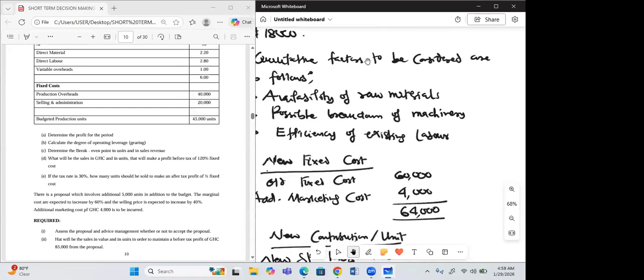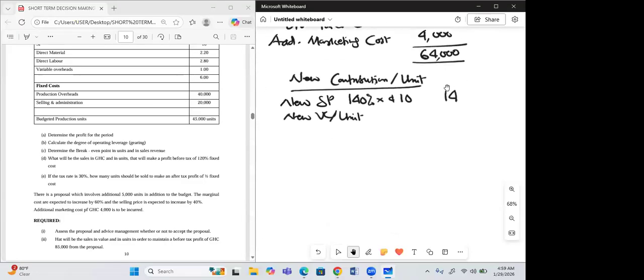So put 9.6 in there. So the new contribution per unit will give you 4.4 per unit.